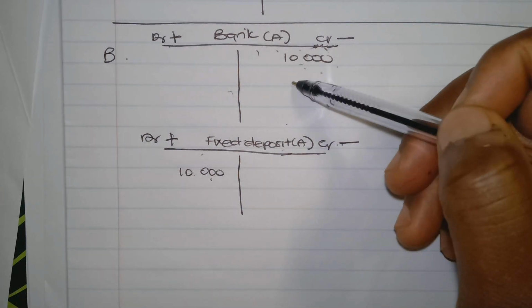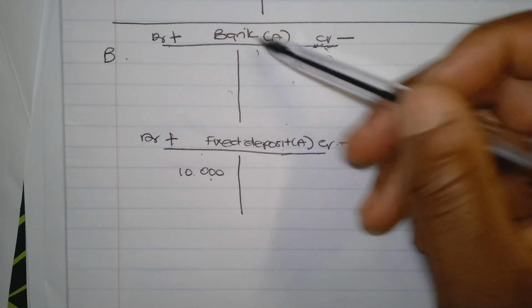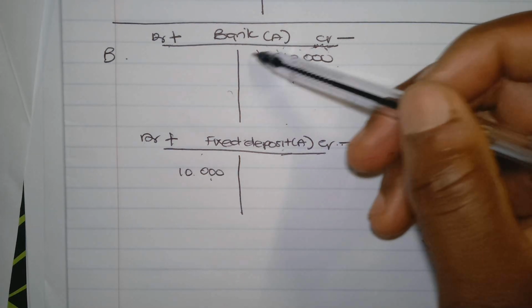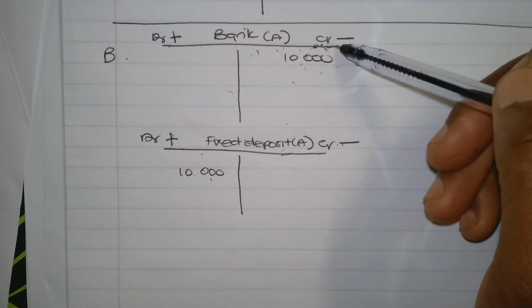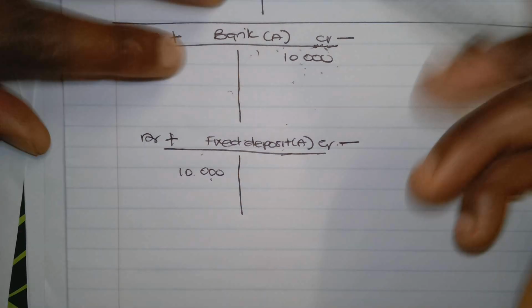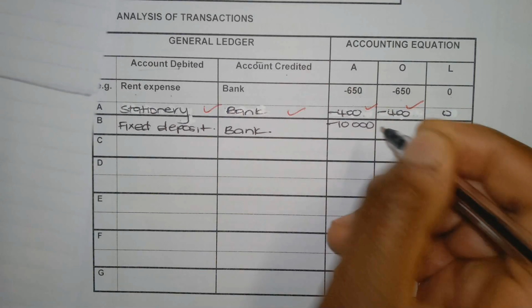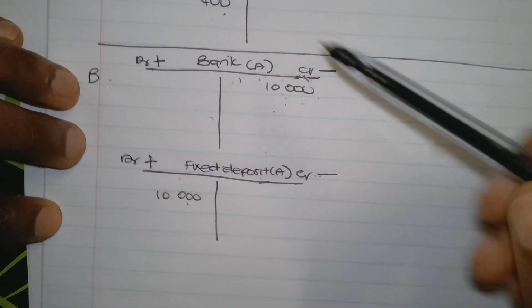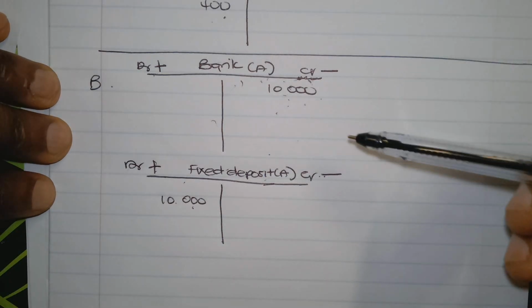When money goes out, your assets will decrease under bank. So in this case, my bank account was affected negatively, which means my asset will be a negative 10,000. That's what I will write. Okay, negative 10,000.